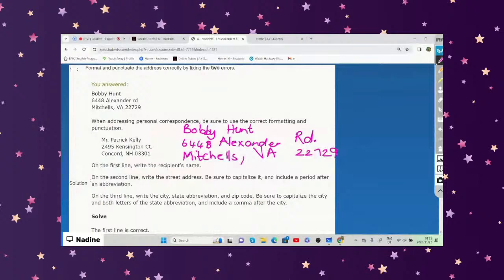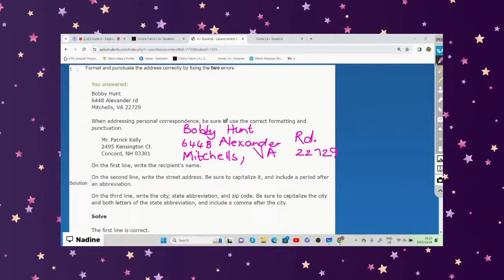And that is how we rewrite that correct address. Here we have the name of the recipient.